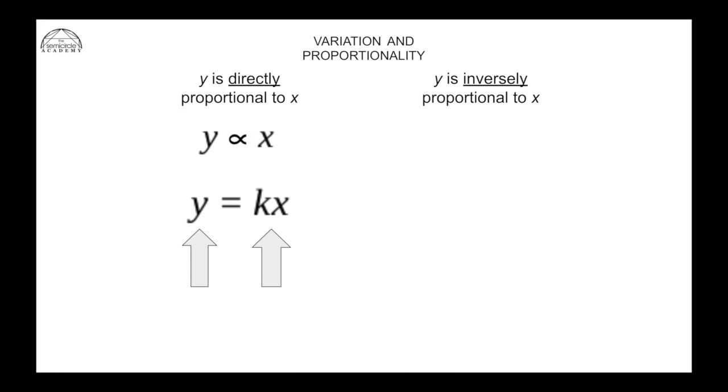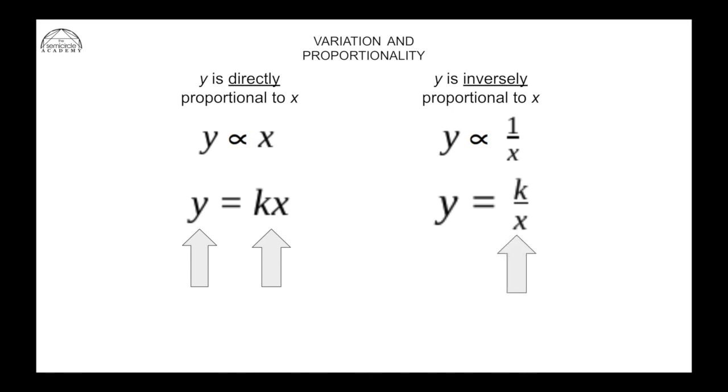If y is inversely proportional to x, then this is how we write it. Y is inversely proportional to x, or y is proportional to 1 over x. And from this, we could form the equation y is equal to k over x, where k is some constant that we don't know.